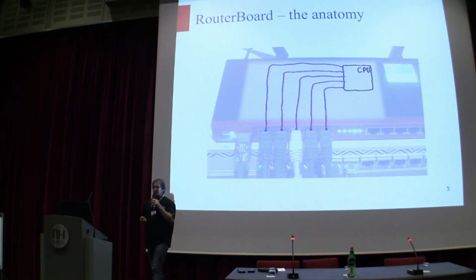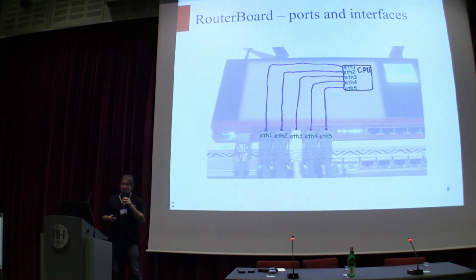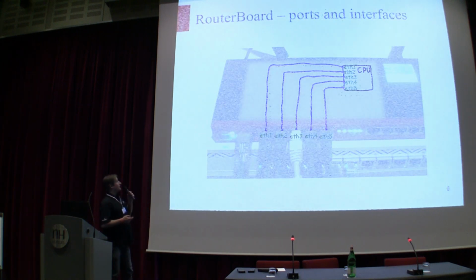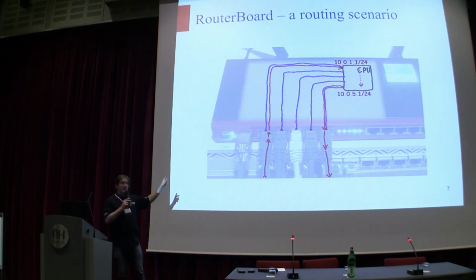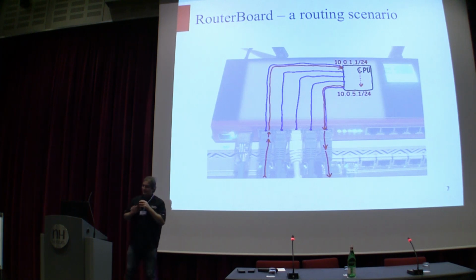For example, if we set IP addresses on the Ether1 and Ether5 ports, we can do routing between those local networks.